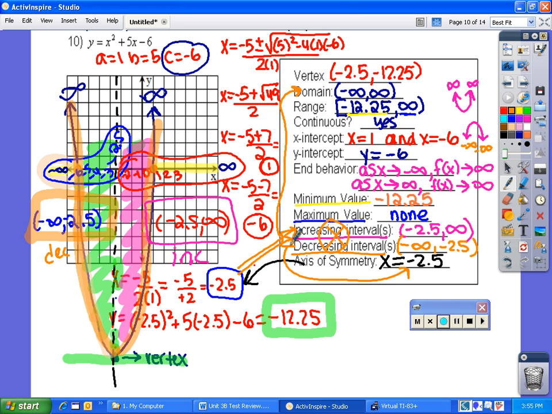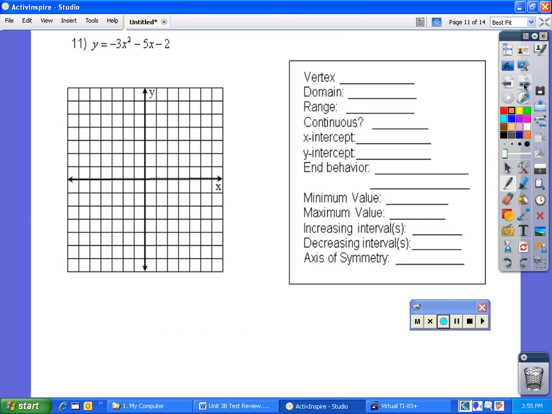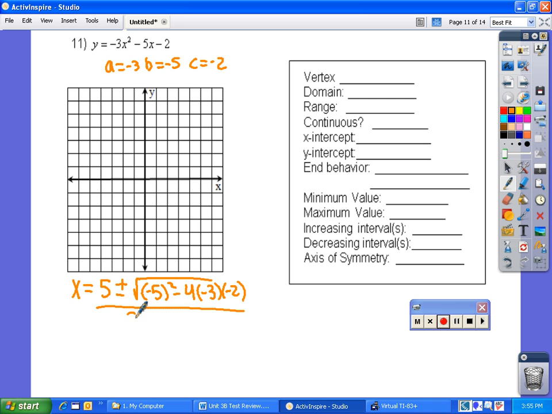I know there's a lot of colors and stuff going on, so I hope that you followed along while I did that. Alright. Next one, we're going to do the same thing. A is negative 3, B is negative 5, C is negative 2. So x equals negative b, which is 5, plus or minus the square root, b squared minus 4ac, all over 2a.